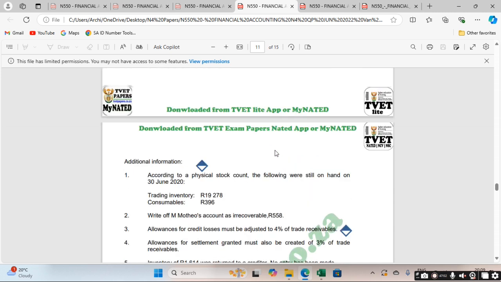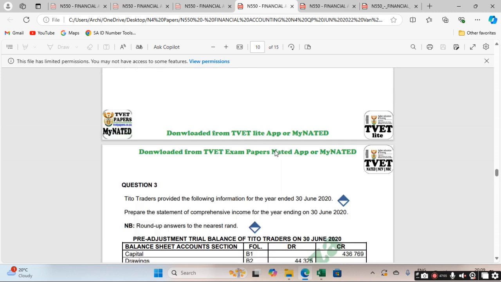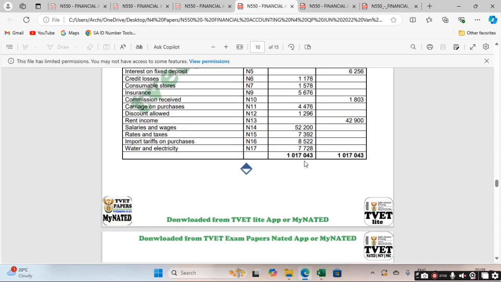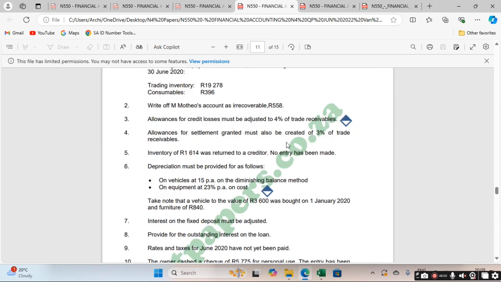Should I do this question paper also? Okay, since time is okay, I'll do this question paper. I think it's a bit tricky. Now we are adjusting our allowance for credit losses. Last time we were creating, so now we are adjusting.